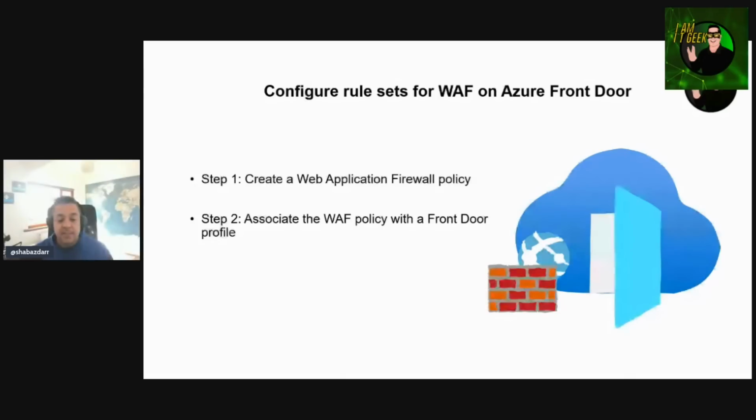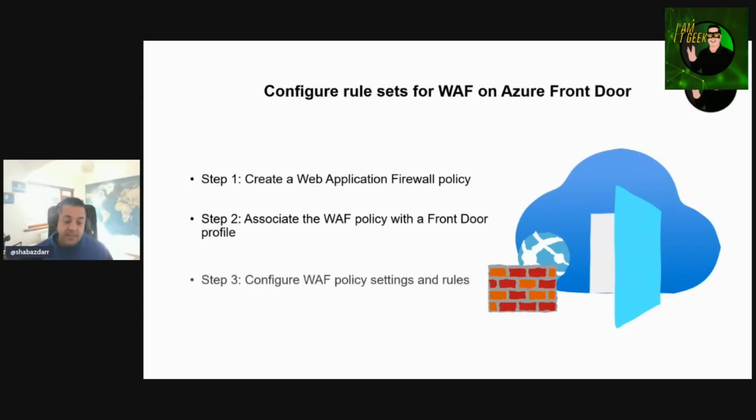This association can be done during the creation of the WAF policy, or it can be done on a previously created WAF policy. During the association, you specify the Front Door profile and the domain or domains within the Front Door profile you want the WAF policy to be applied to.